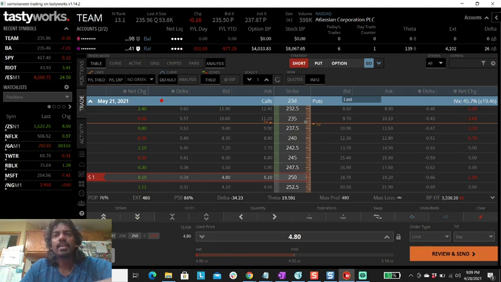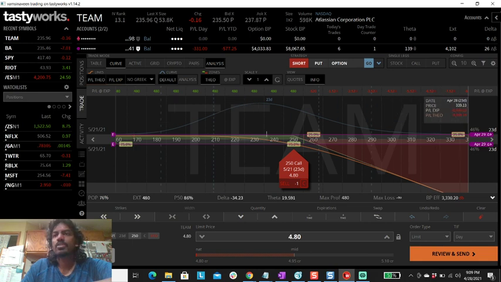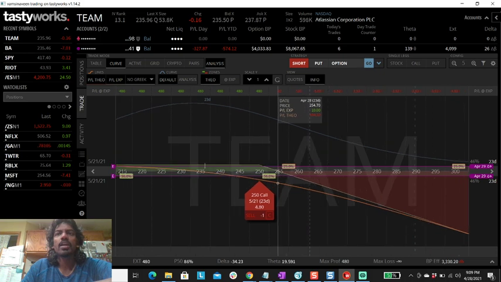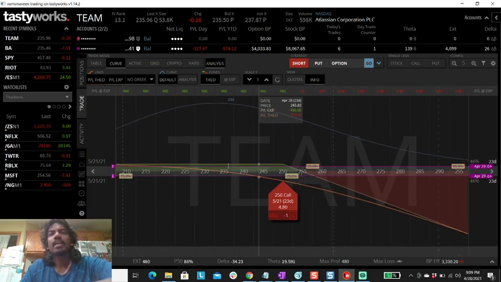So let's say you were bullish and you bought the 250 call option, but the other guy sold you the 250 call option for $480. So let's look at the other guy's curve. For him, this is how his profit potential would look. The stock is right now at 235.